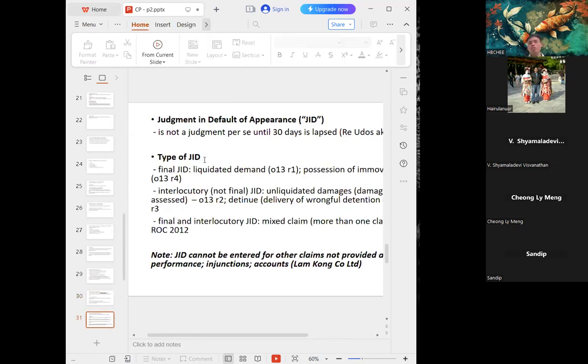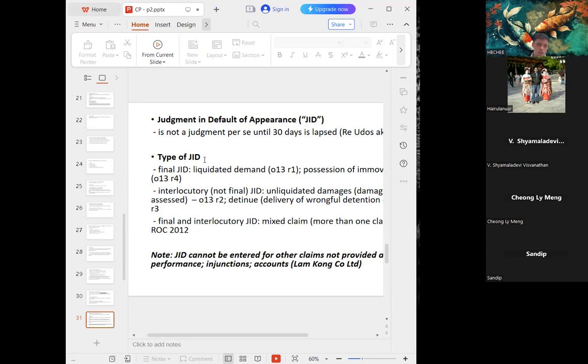So now, what is a judgment in default of appearance? Let's say right now I am suing A. I am claiming 100,000 and interest, and this is what is included in the statement of claim.